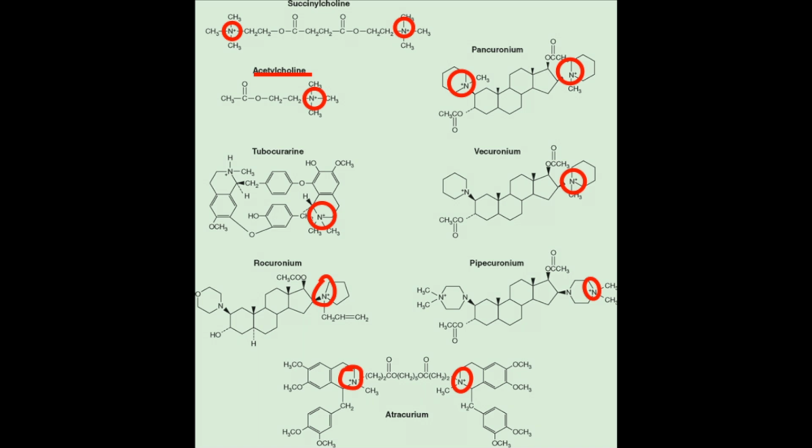As it turns out, this quaternary amine is key to the binding of acetylcholine to a nicotinic acetylcholine receptor. If you look at all the circles I've made, a bunch of these neuromuscular blocking drugs also have quaternary amines, and they're using those to mimic the binding of acetylcholine to its receptor.